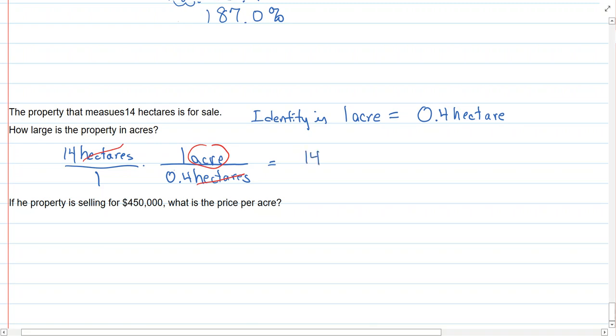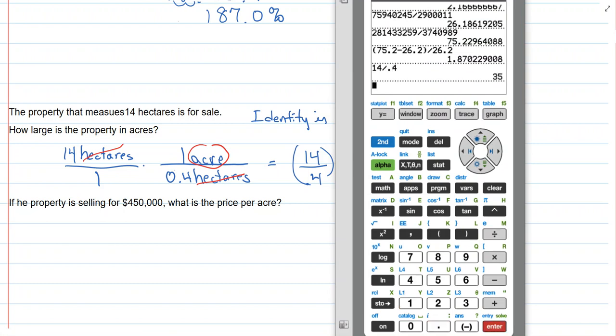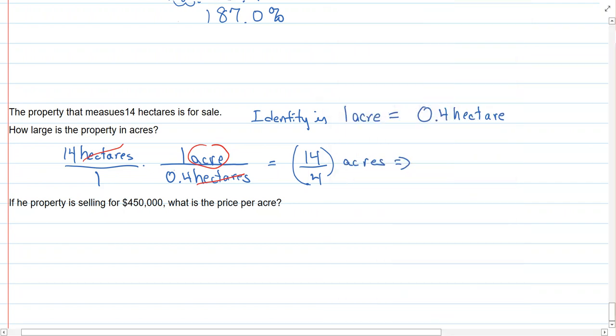So that would be 14 over 0.4 acres. All right. So now we're going to do our calculator. And I get 35. So I have 35 acres. That's equivalent to 14 hectares.